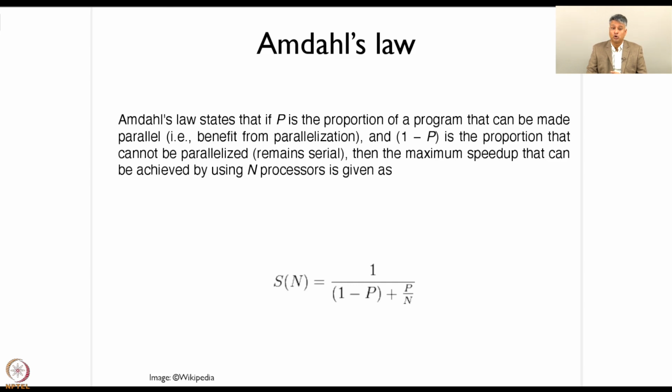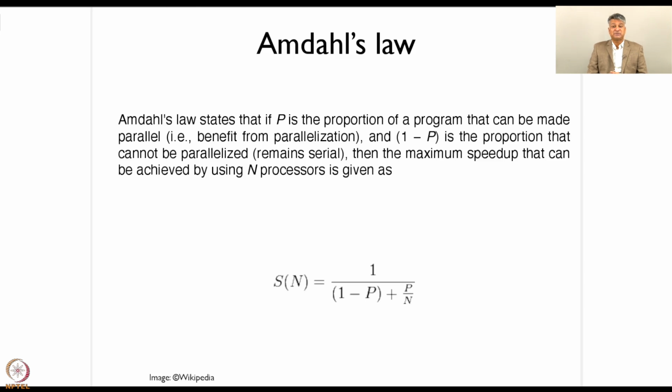But computing the global sum, where we need to collect all the local sums and then compute the global sum, is a task which has to remain serial and cannot be parallelized because only one person needs to do that. So let us assume that P is a proportion of a program that can be made parallel, and then obviously 1 minus P is a proportion that cannot be parallelized and has to essentially remain serial.